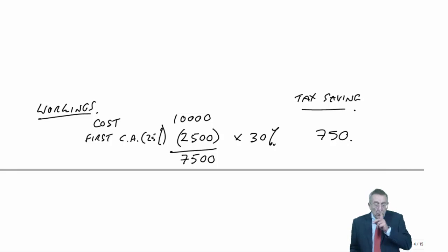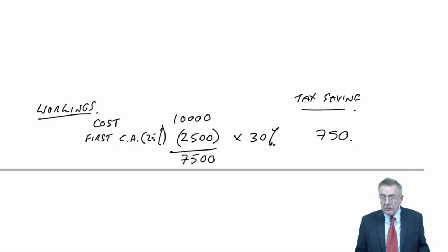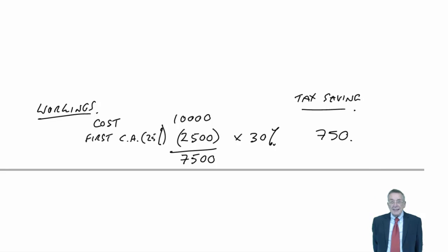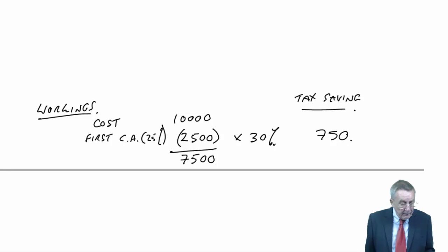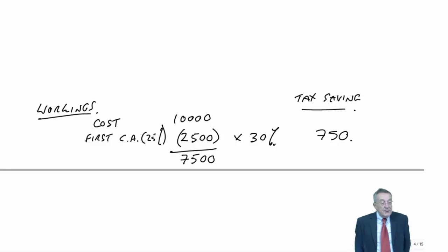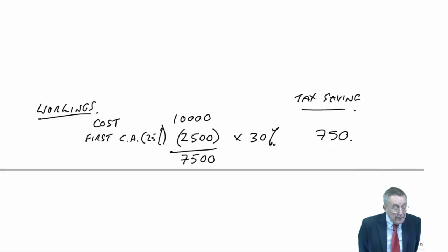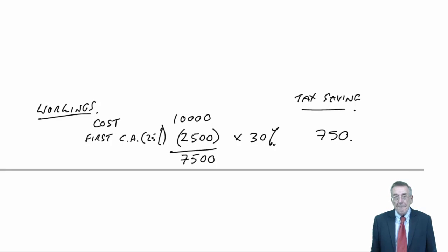The second, now watch this carefully, but I will give you a rule in a minute. The second thing to consider is, when will we get that saving? Will it be at time 0? Will it be at time 1? Will it be at time 2? And so on. Well, think about this. It says that we're buying the machine on the 1st of January. Our year end is 31st December.